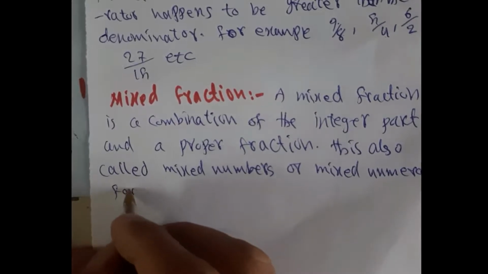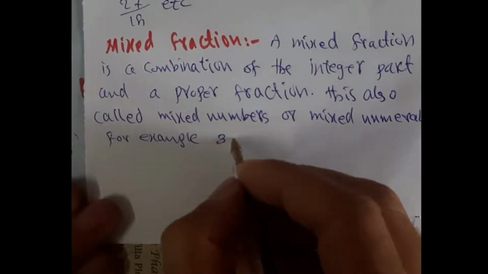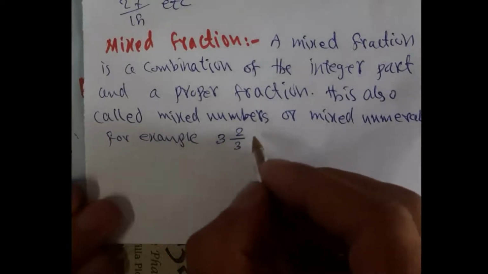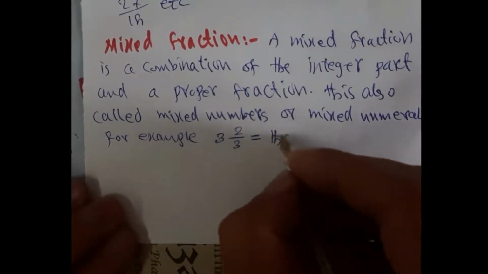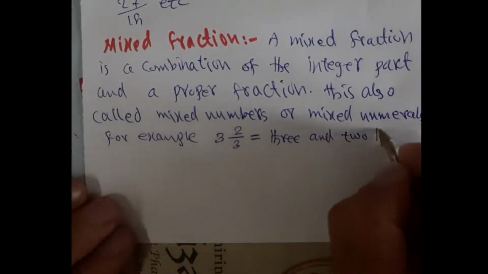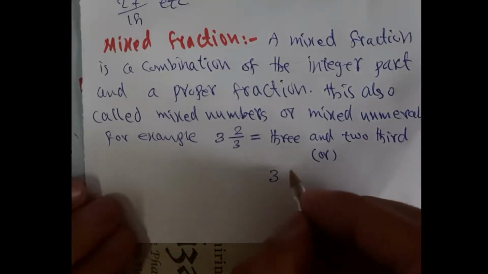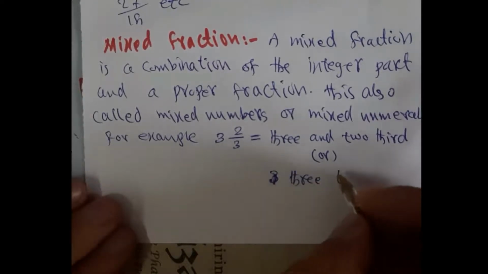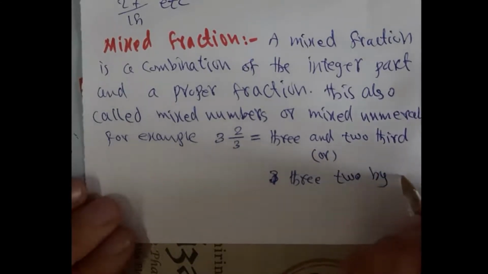For example, 3 and 2 by 3. We can read it as 3 and 2/3, or we can read it as 3 2 by 3.